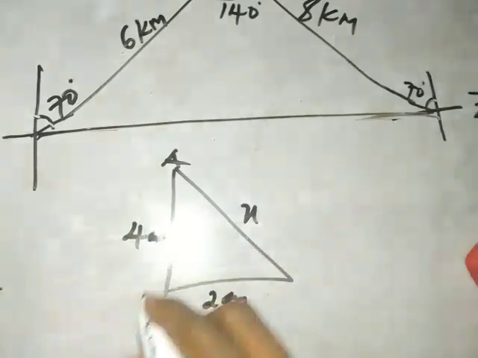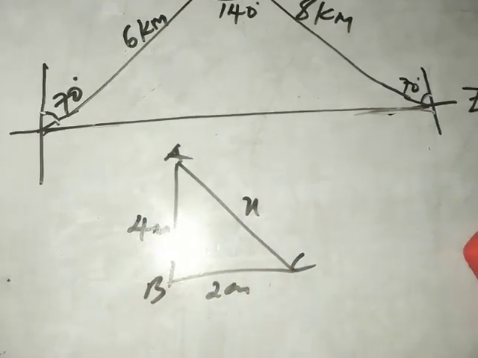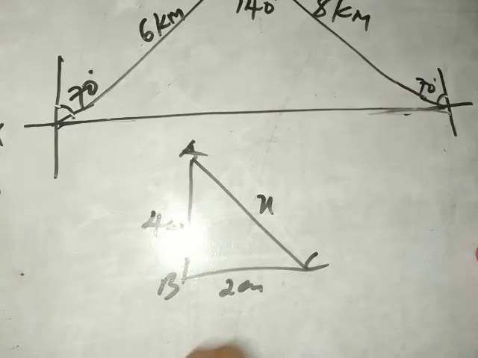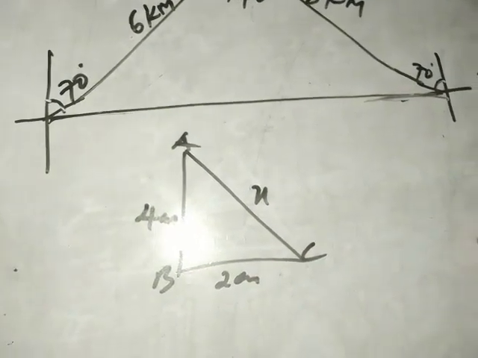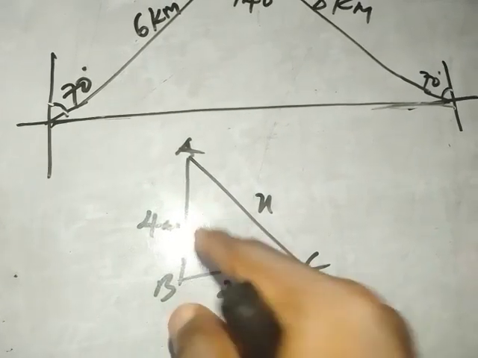Call this A, B, C. Now, to find the value of x, you are going to use Pythagoras theorem to find this other side, because the angle is not given. So if the angle is given, you are going to use cosine rule.